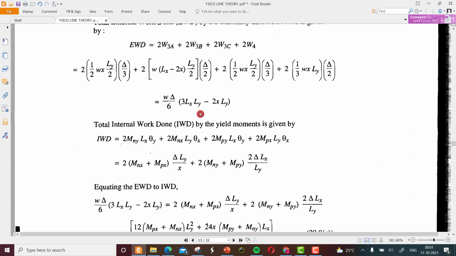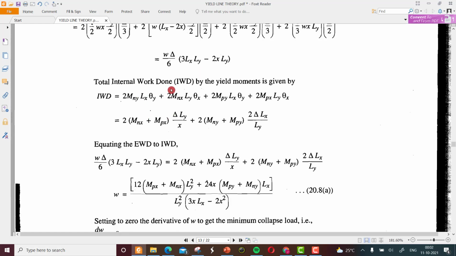So we found the total external work done by dividing the total slab into different segments. The total internal work done is given by the same segments: 2 into Mny into Lx into theta y plus 2 Mnx into Ly into theta x.